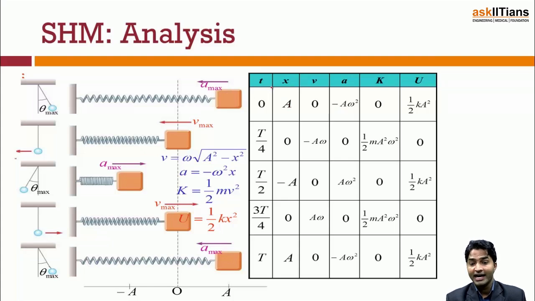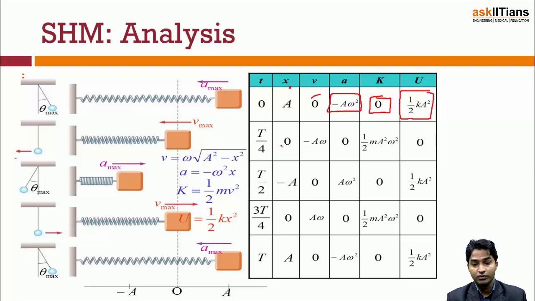So at time t equal to 0, displacement is maximum but the velocity is minimum. The acceleration would be in the opposite direction to the displacement, and the kinetic energy at that point is 0 because velocity is 0, and the total energy is just potential energy.